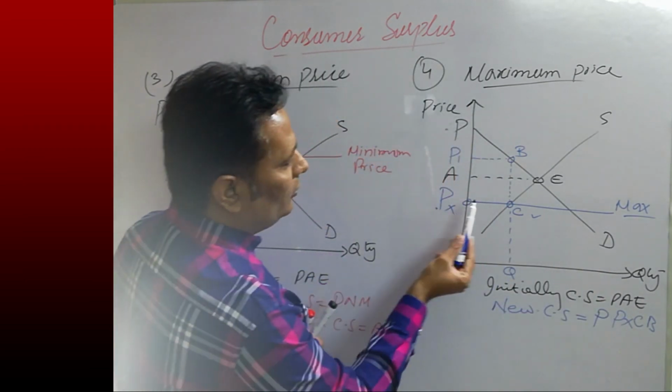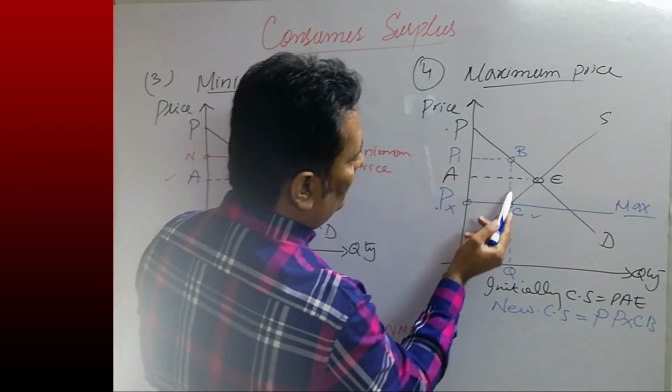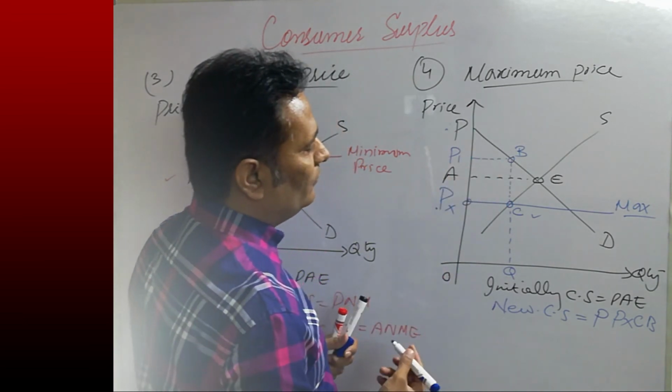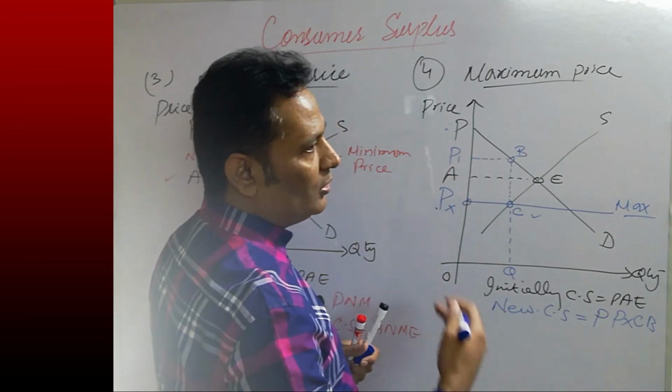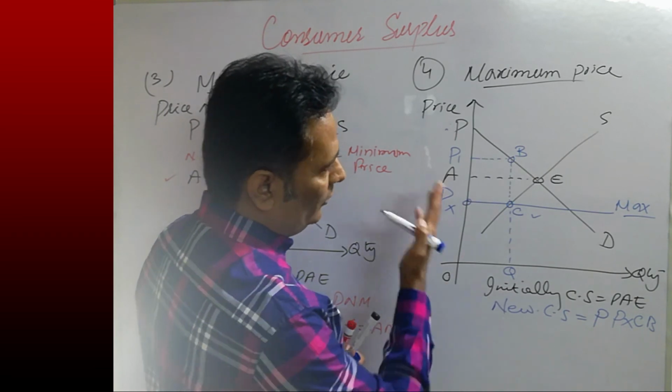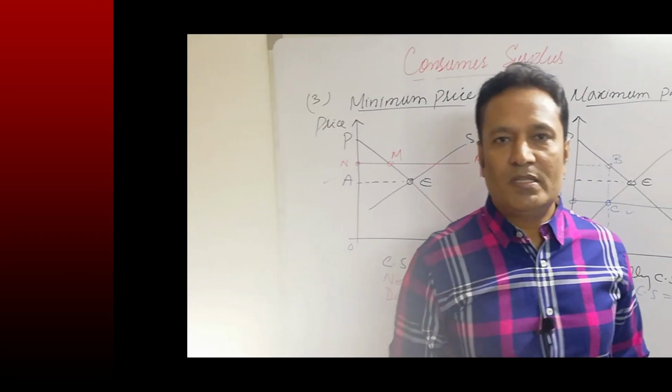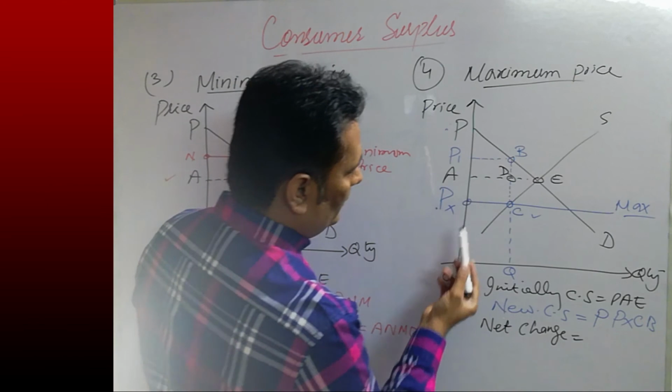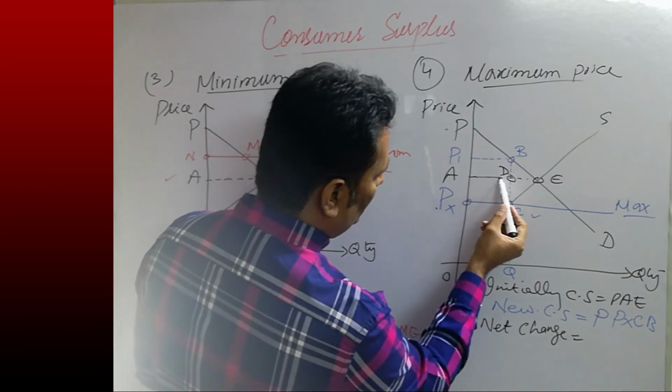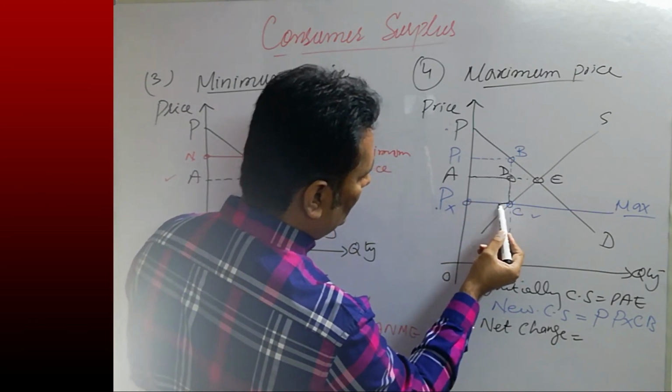This is again the area of a trapezium. This looks like a trapezium, and we should apply the formula of trapezium, that is 1 over 2 height into sum of parallel sides, to find out the value. So the net change in consumer surplus in this situation is, this is the area of consumer surplus which has been added.